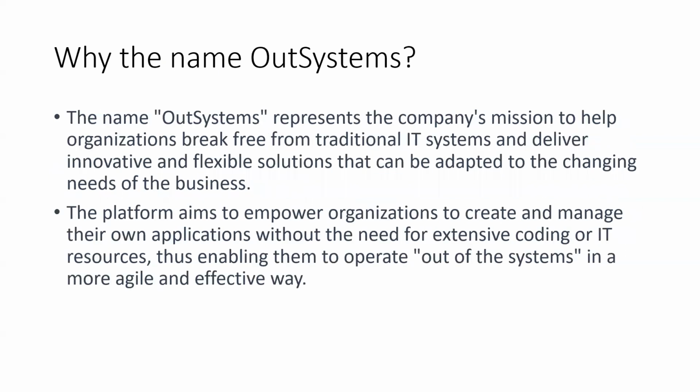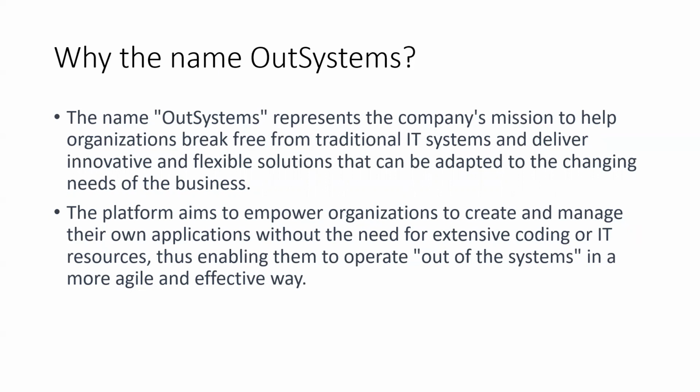Okay. So the name OutSystems represents the company's mission to help organizations break free from traditional IT systems and deliver innovative and flexible solutions that can be adapted to the changing needs of the business. So OutSystems is built for change, right?